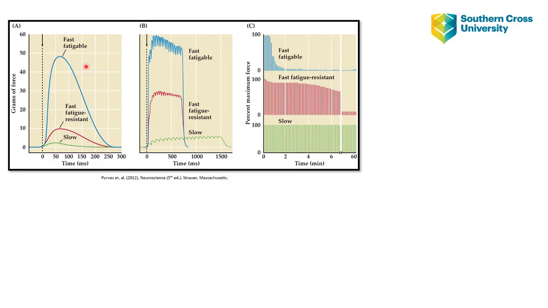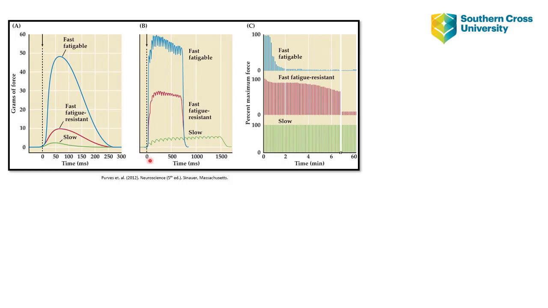But our fast fatigable are quite large. They have those really large muscle fibers and really large motor units, so a large number of muscle fibers being innervated by a single alpha motor neuron. And so the force generating capacity of those is much higher.